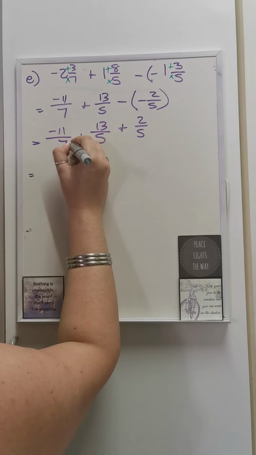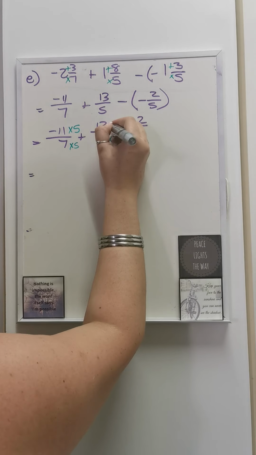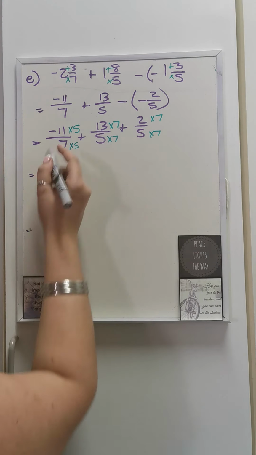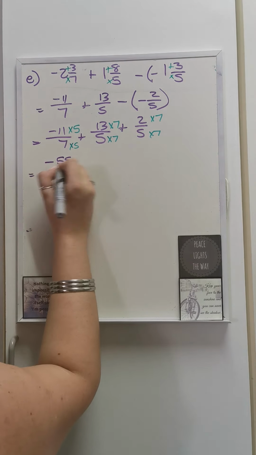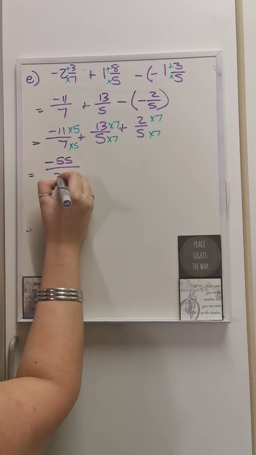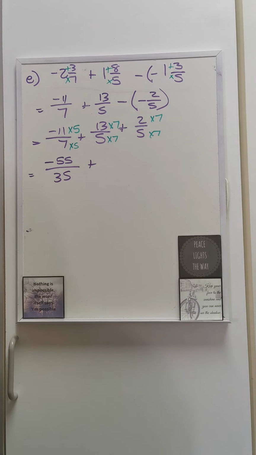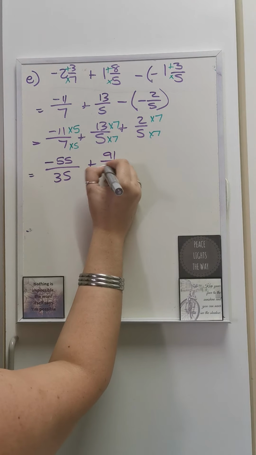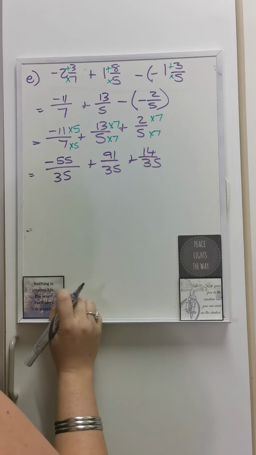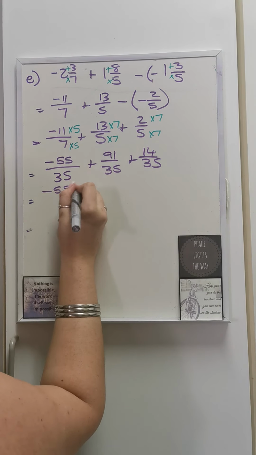I'm going to times my 7 with a 5. And what I do at the bottom, I do at the top. And my 5 with a 7. To make the denominators the same. So I'm going to have negative 55 over 35, sorry, plus 13 times 7 is 91 over 35 plus 14 over 35. If you like to, because the denominators are the same, you can write them all as 1.